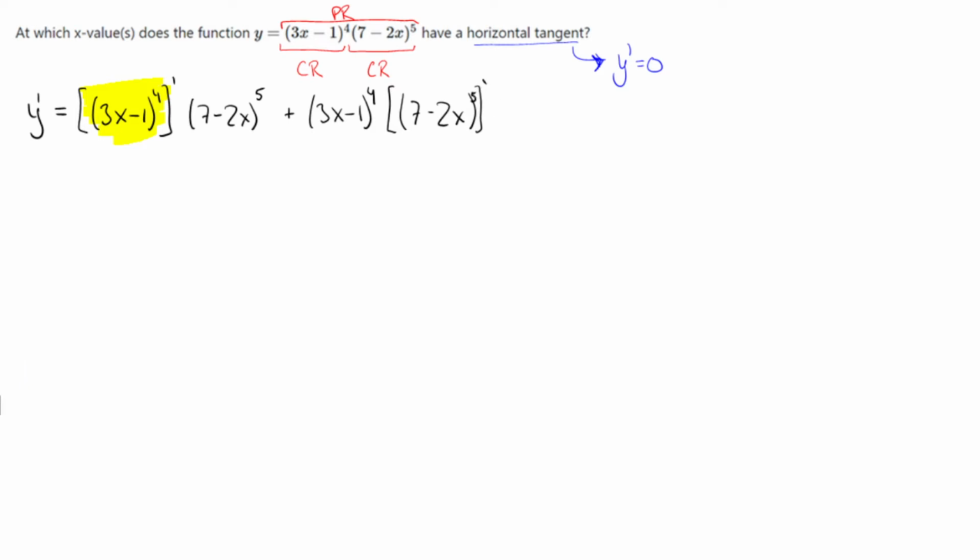Okay. So to take the derivative of the two composite functions, we are going to now apply the chain rule. So the derivative of the outside function here is going to be 4 times (3x minus 1) to the power of 3 times the derivative of the inside function, times (7 minus 2x) to the power of 5.